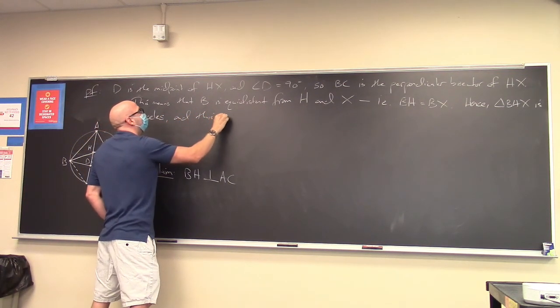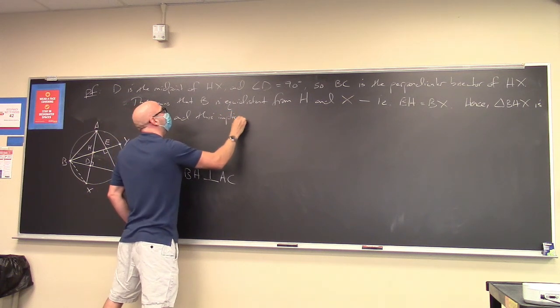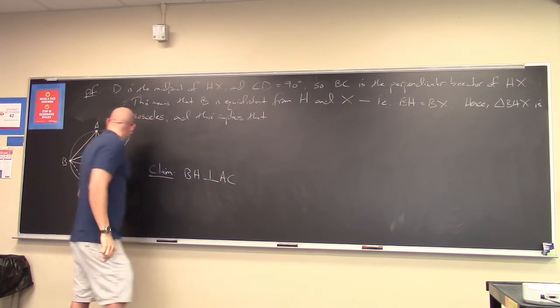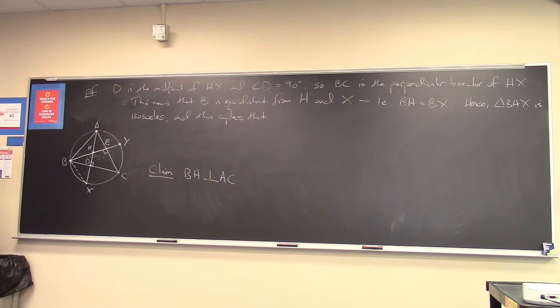And this implies that BD, again, this is a right angle here, BD being perpendicular to the base, it's an altitude, but we've seen that for isosceles triangles, altitudes, at least altitudes to the base, are the same as medians, but also the same as angle bisectors.